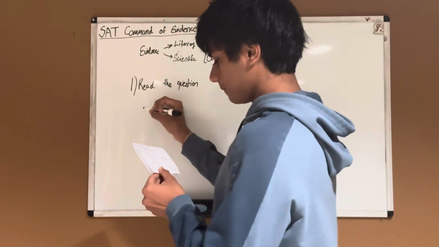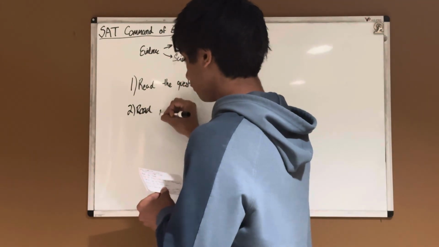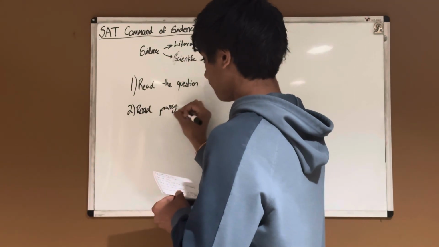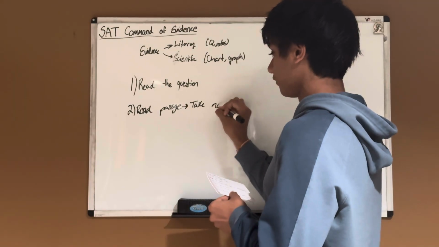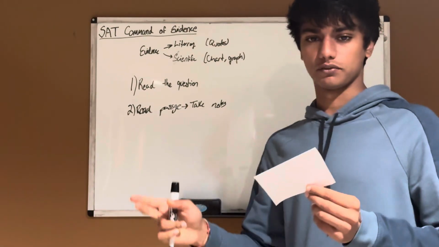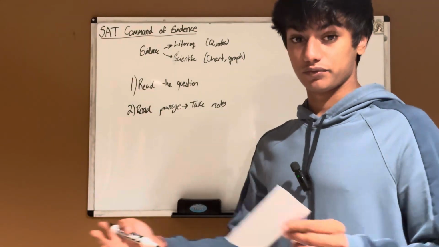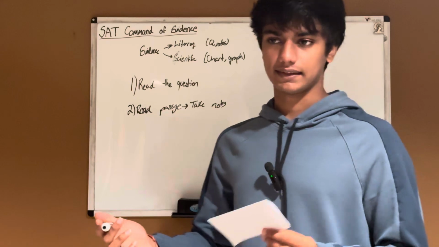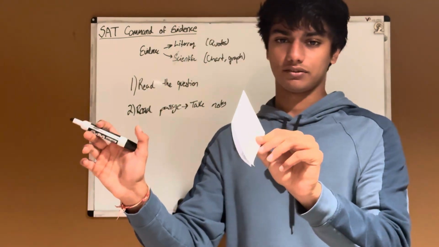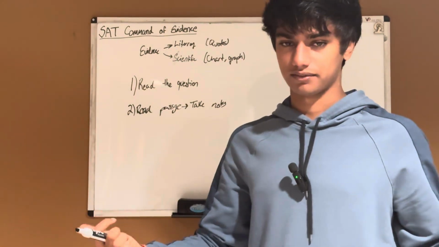The second step is to then read the passage, and while you're reading the passage, make sure to take notes. These notes should not be long, they should be very, very short, like 1 or 2 words, and they should only be written so you can understand them. Because if you're not writing notes, sometimes you might fall into the pattern of just reading a passage, not understanding what happens, and rereading until you try to get an understanding.